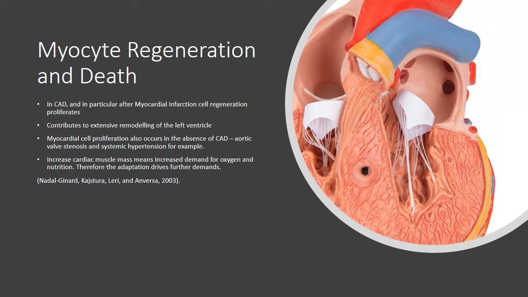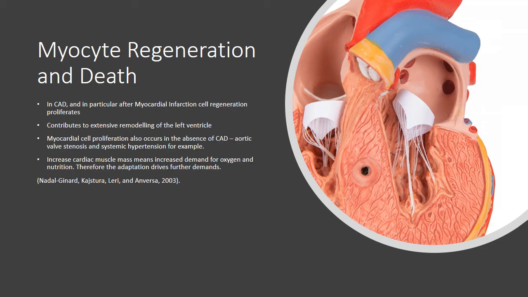And as we mentioned when we were looking at the Frank-Starling curve, we got to a certain point where this adaptation then failed, and that's the point of decompensation, and that's when we get heart failure. So what we're talking about now in terms of myocyte regeneration and death is when the heart's adaptation becomes so demanding in and of itself that it's no longer able to meet those demands as well as meet the demands of the rest of the body.